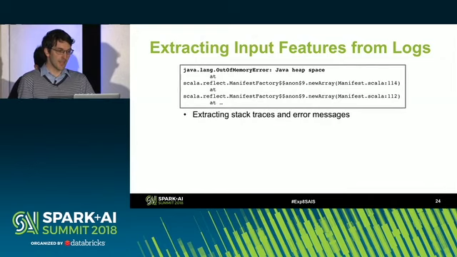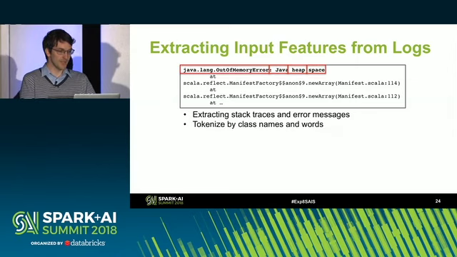Let us see now how, given the input logs, we can create the feature vectors. To extract the feature vectors, given the input raw data, we parse these logs, tokenize them at the granularity of words and class names, and build a dictionary of these words.